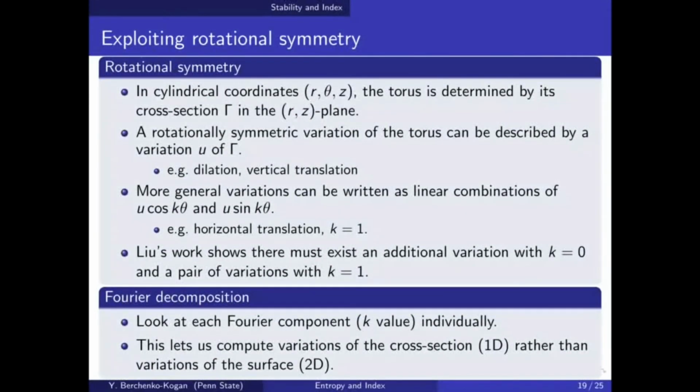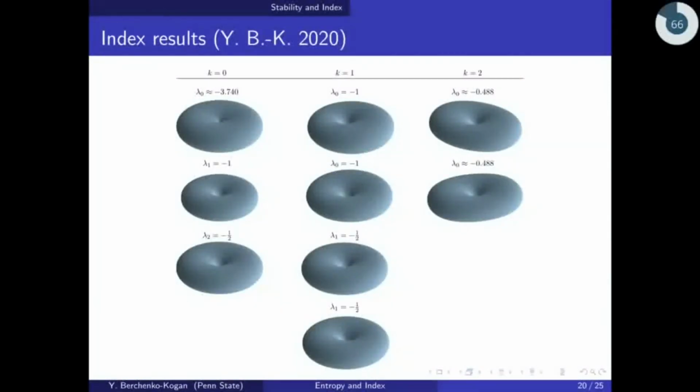So let's talk about the results. Okay. So here is a chart showing all of the unstable variations of the Angenent torus. I'm going to discuss what everything here means. So first of all, the columns are k equals 0, k equals 1, k equals 2, corresponding to the Fourier modes.